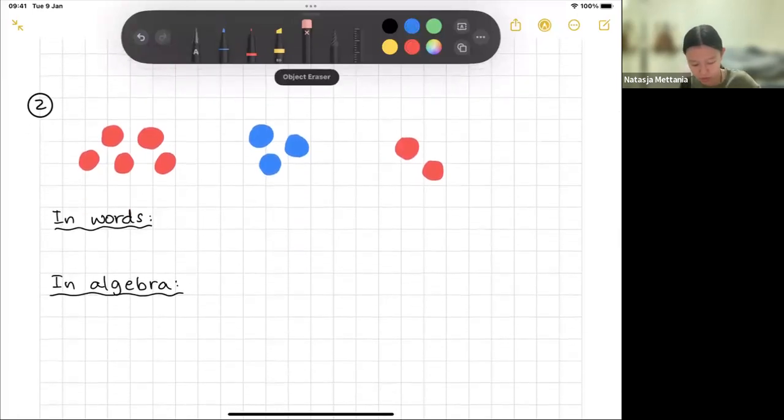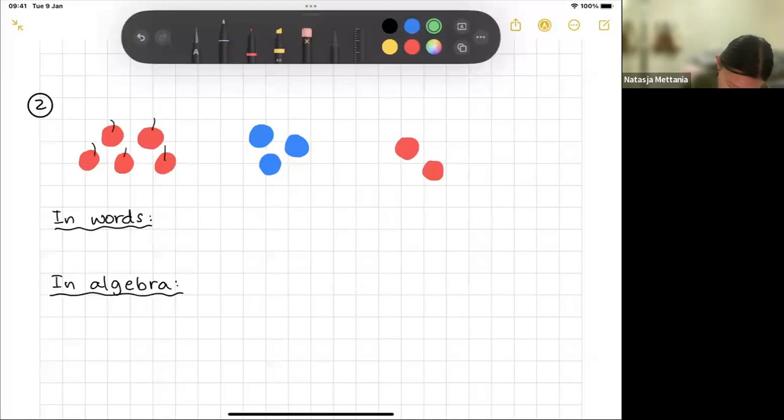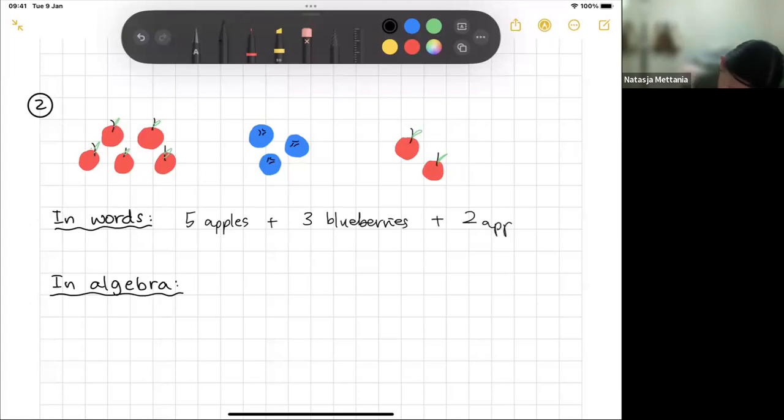Let's do question 2 a little bit faster. Same deal. In this case, I got 5 apples in my first trip. Then I bought 3 blueberries in my second trip, and in my last trip, I bought 2 apples. So let's write it in words: I got 5 apples plus 3 blueberries plus 2 apples.